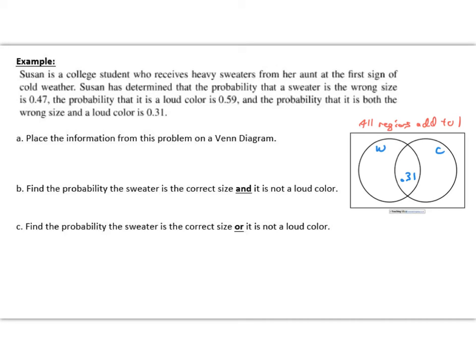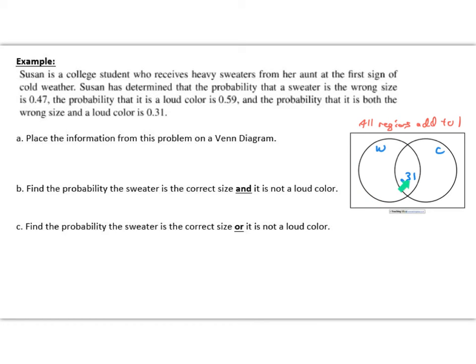Well, now how do we figure the rest of the regions? This is actually not too bad. Here's the way we figure out the probability that it's just the wrong size but not a loud color. We know that the probability that she has a wrong size is 0.47, so that represents this entire circle right here.